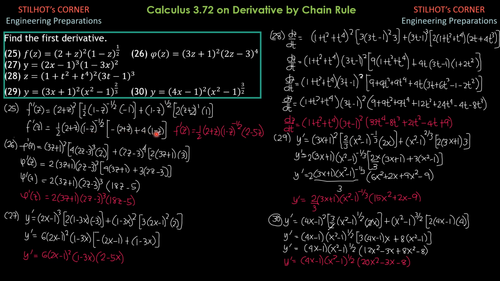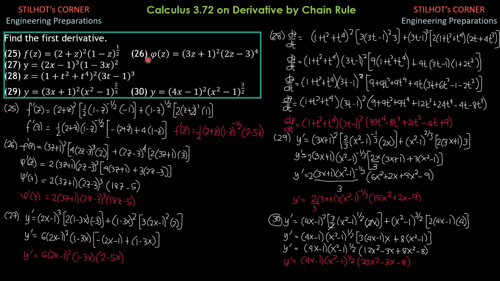Then if we simplify, this is equal to negative 2 plus 4, so positive 2, and negative of z, negative z, then plus 4 times negative z, negative 4z, so that makes negative 5z. So this is the derivative of exercise 25.